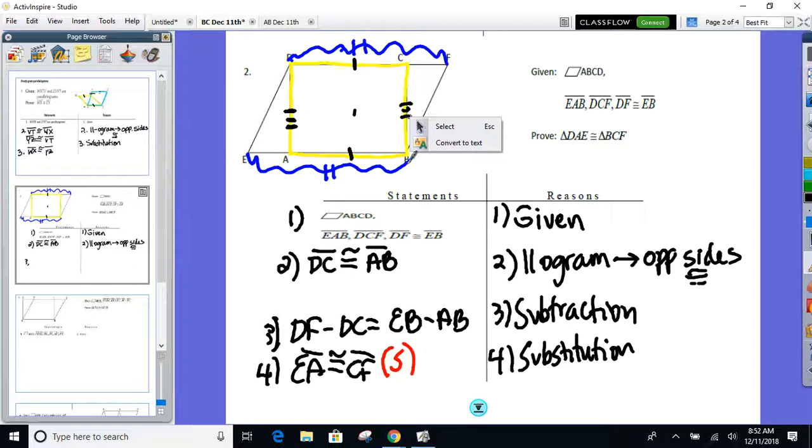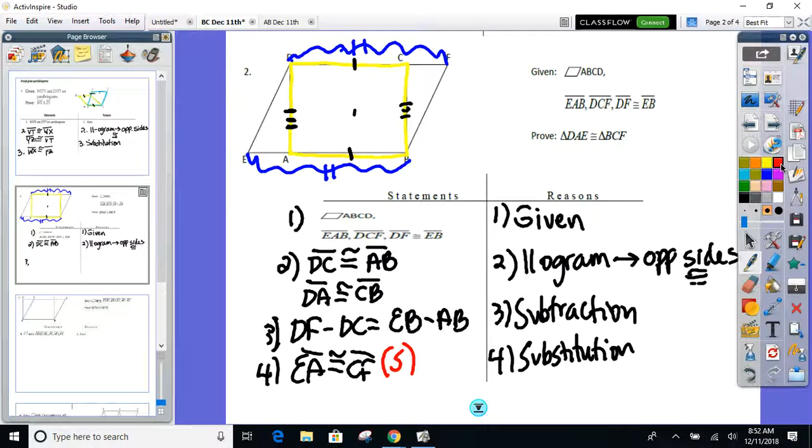That's CB? Okay. So DA congruent to CB. Same reason, that's why I'm going to add it, stick it in step 2. And that gives you another side.